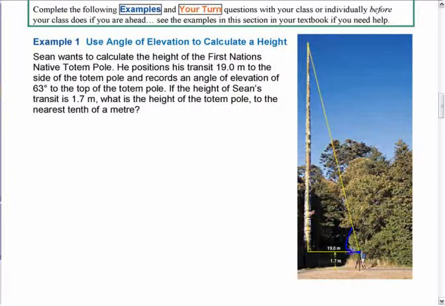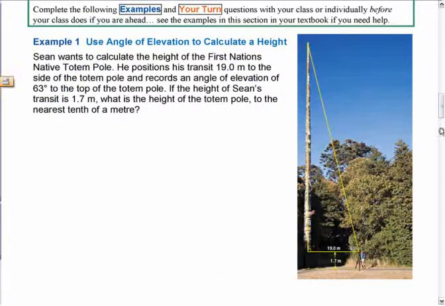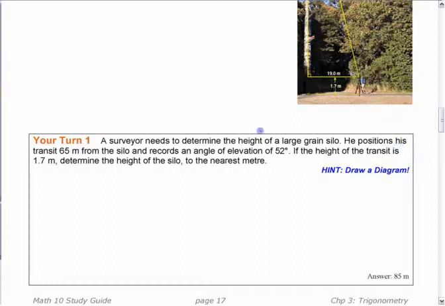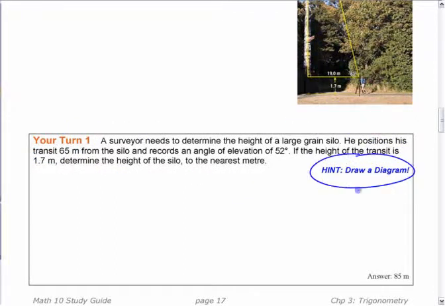But the instrument is off the ground, and if you want the actual height of the thing, it goes down to the ground. So you might have to think about, if this is 1.7 meters off the ground, how you can solve that. Don't forget that this is in the textbook, so you can use that as a reference. But this question's in the textbook, and the solution's not in there, and you should draw your own picture.